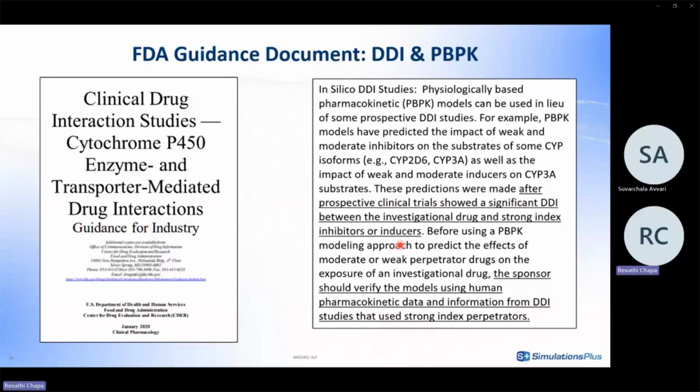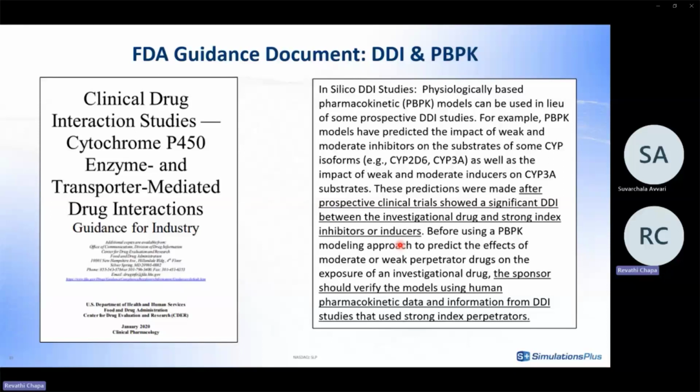Based on that, we can get initial estimates of FM, how much metabolism is contributing. Similarly, if there are transporters, you can also see how much is your FT, which is the fraction transported by a specific transporter. Based on that information, we get an initial sense of FM and FT. So now we can make other types of predictions.